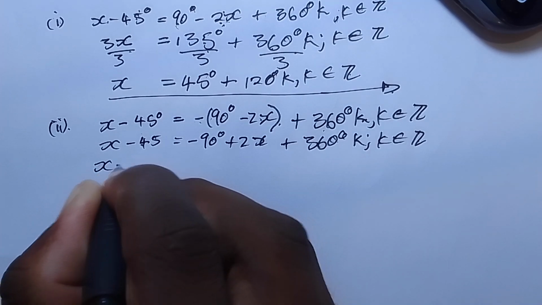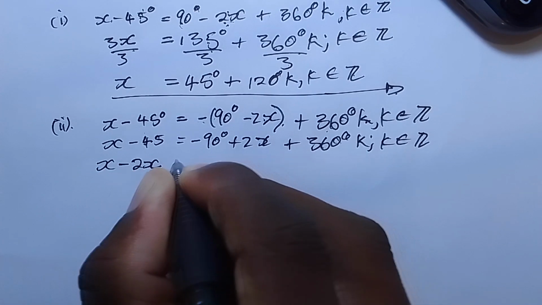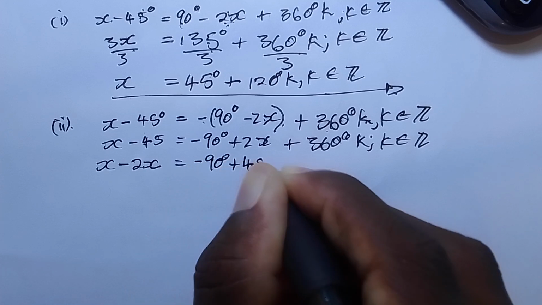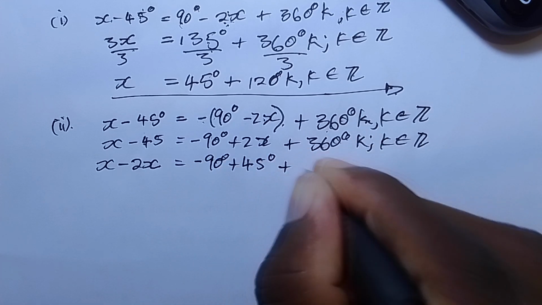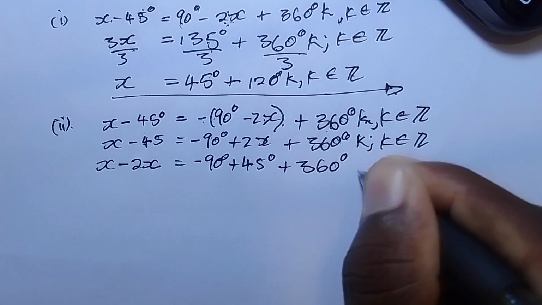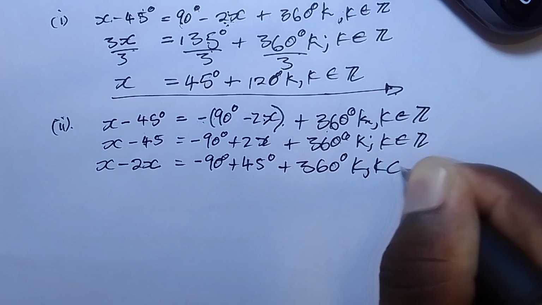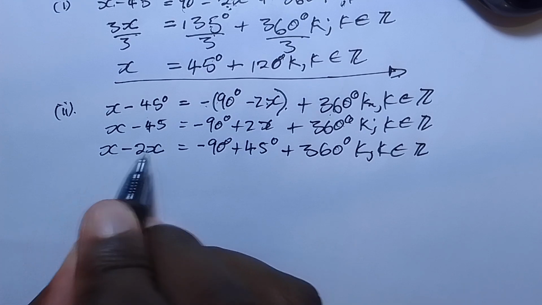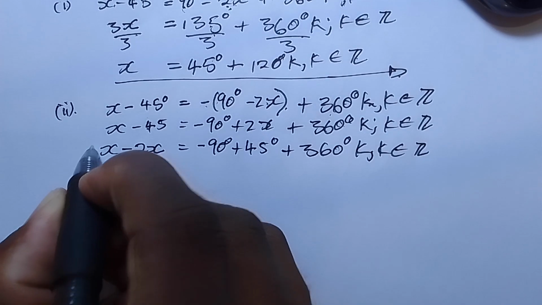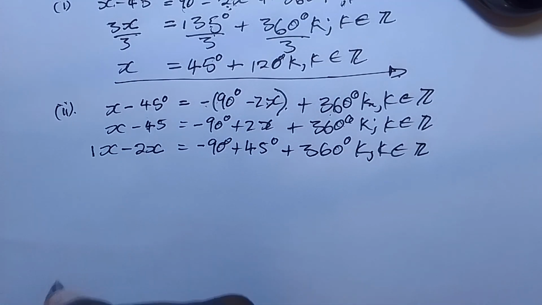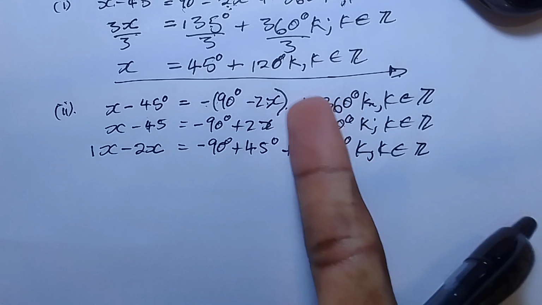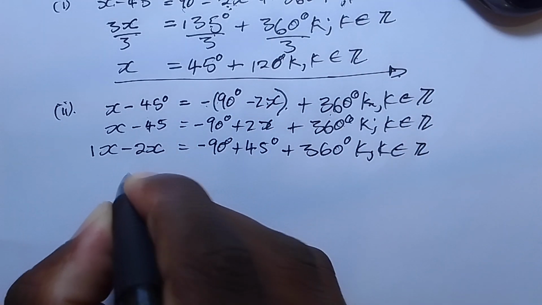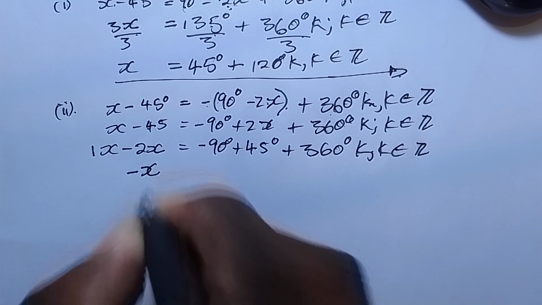You have x - 2x is equal to -90° + 45° + 360°k, where k is an element of integers. This is 1x minus 2x. You are taking 1x and removing 2 x's. So now you have negative 1x.